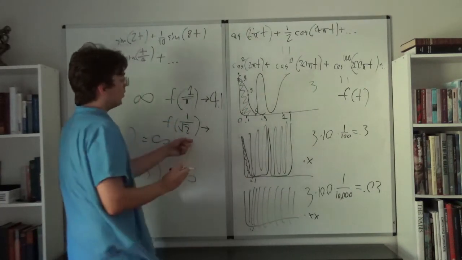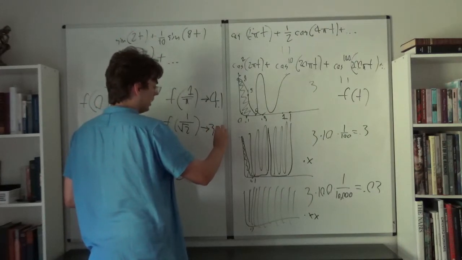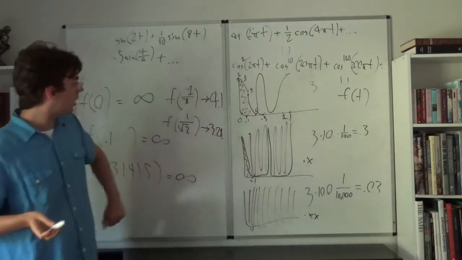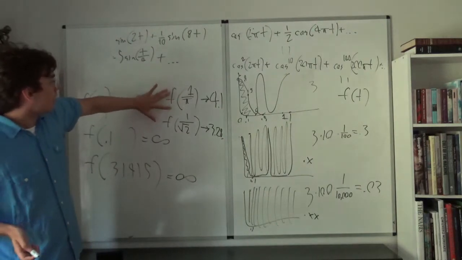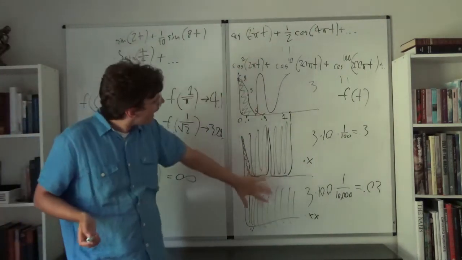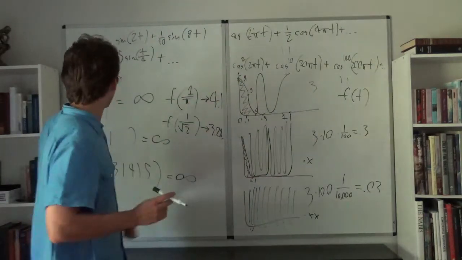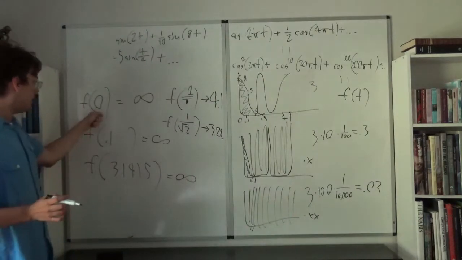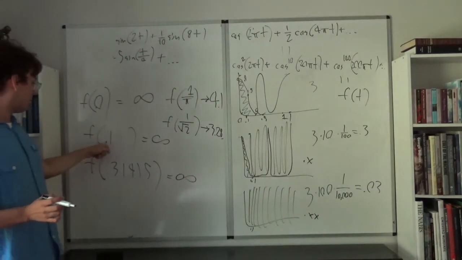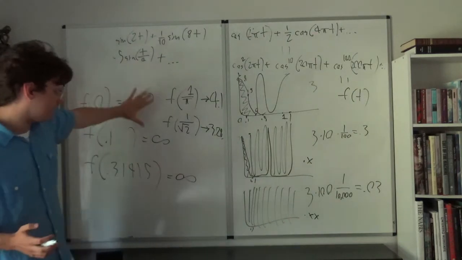This also will tend to some value like 3.28 or something, okay? If you put in irrational numbers here, then this will actually converge to something. This sum will actually mean something. But you put in these decimal numbers like 0.1, 0.31415, so on, it turns into infinite.